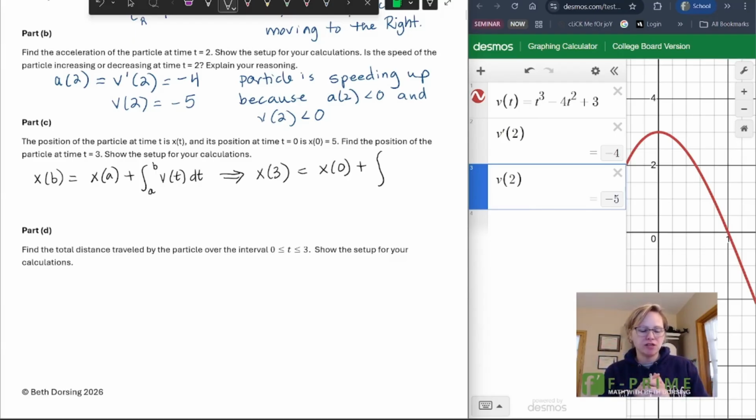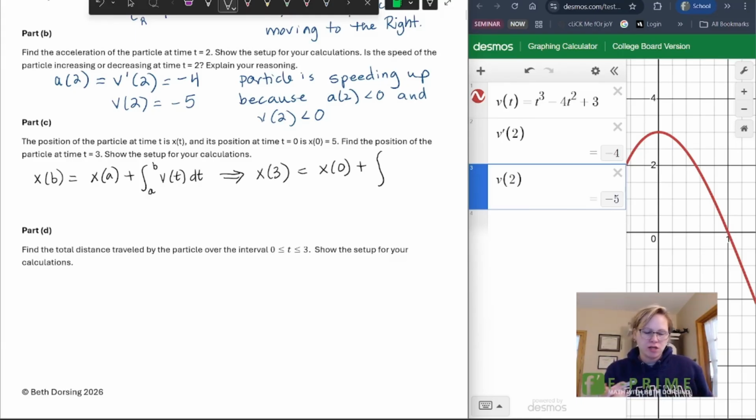Sometimes the limits don't have to go from bottom to top. It's nice if they do. It's easier to understand. But remember, if the limits are ever backwards, like you have the bigger number on the bottom as your lower limit, all that does is change the sign of the integral.